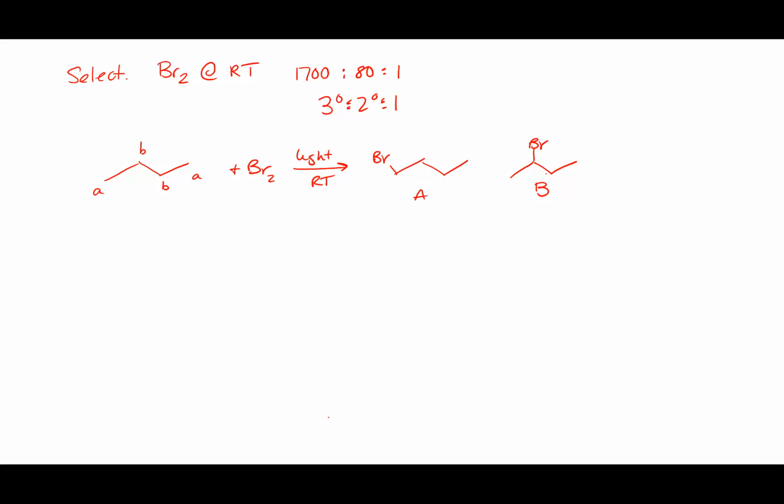But now if I go through and I calculate their numbers, we're going to have, for A, 6 hydrogens give me A, times a selectivity of 1, because A comes from a primary radical, or from a primary hydrogen. And B, there are 4 hydrogens, but it comes from a secondary hydrogen, which is now 80 for its selectivity.